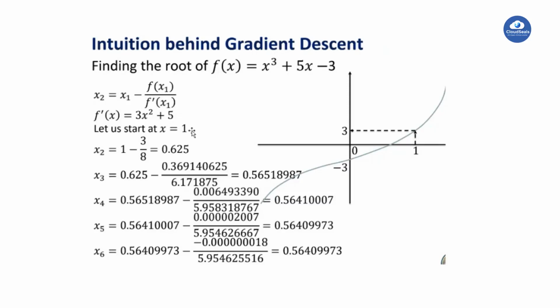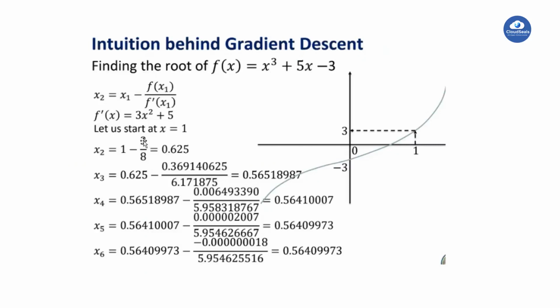So let's come. We need to take coefficients randomly, so let us start with x equal to 1. What will it come to? x2 equals x1 minus f of x1 by f dash of x1. That means 1 minus 3 by 8. f of x is 1 plus 1 cube, that is 1, plus 5x, that is 5 into 1, minus 3: 1 plus 5 is 6, 6 minus 3 is 3.